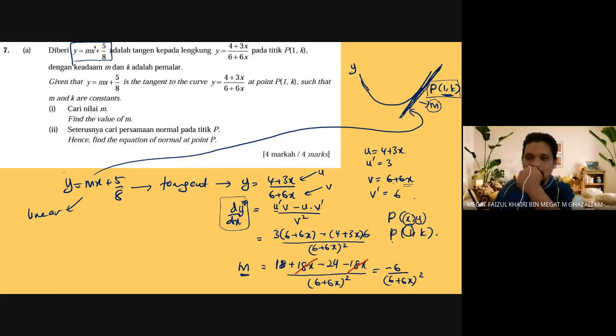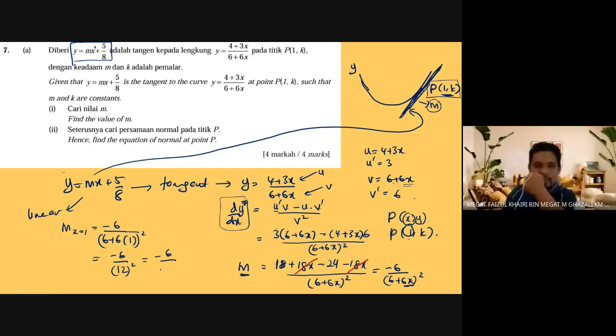So the coordinate x is 1 here. m when x equals 1 equals negative 6 divided by (6 plus 6 times 1) squared. Substitute x with 1. Why? Because one of the coordinates of the line of the tangent is 1 and k, so this is x and this is y. So negative 6 divided by (6 plus 6) squared, which is 12 squared, 144.